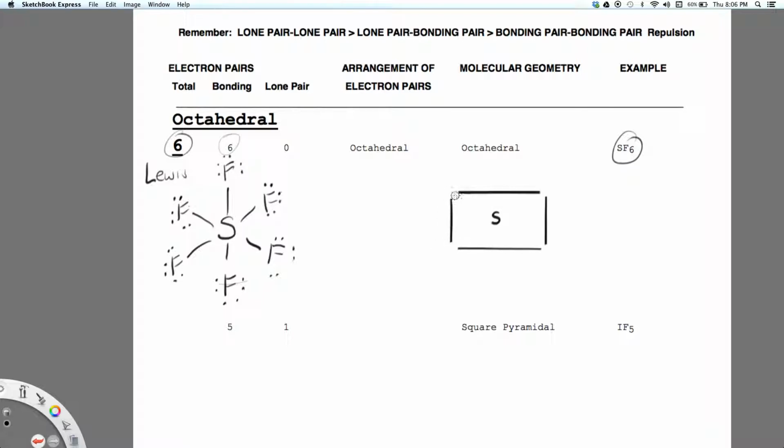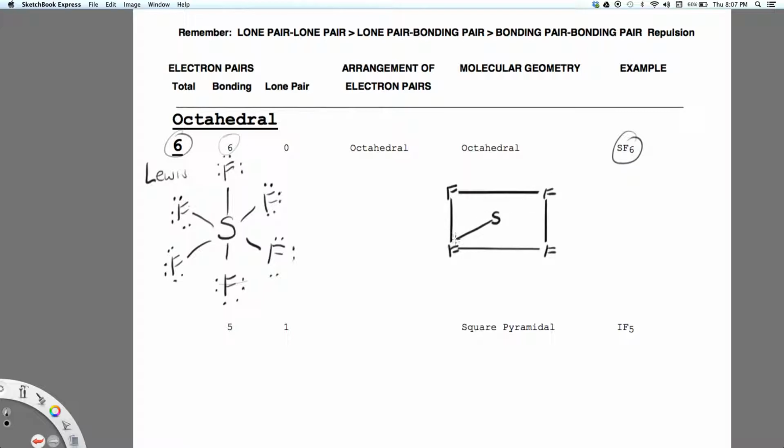Okay? So I'm going to put a fluorine here, a fluorine here, a fluorine here, and a fluorine here. Now those are all in the same plane. And I want to draw the bonds. So the bonds are going to go from the sulfur coming out.